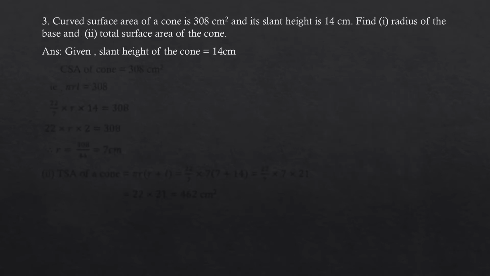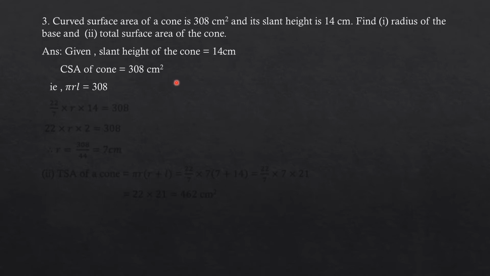In question number 3, we are given curved surface area of a cone is 308 centimeter square and its slant height is 14 centimeter. Find radius of the base and total surface area of the cone. We are given slant height of the cone is 14 centimeter and CSA of the cone is 308 centimeter square.